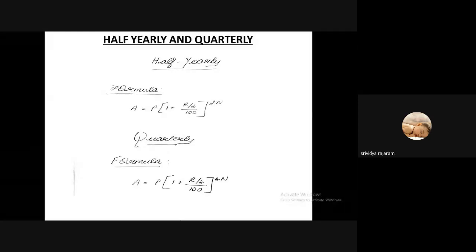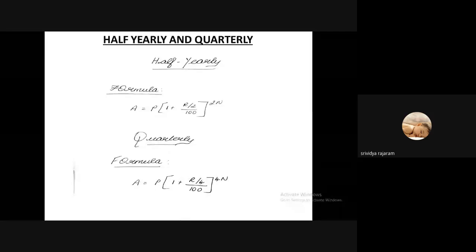So please check with your connections because everyone is able to see my screen.